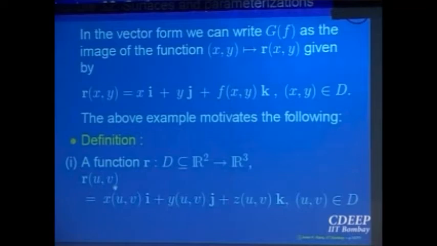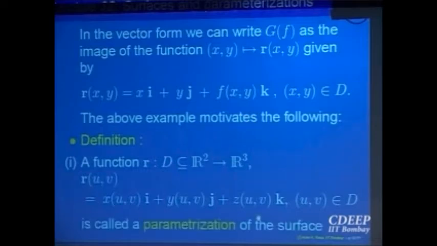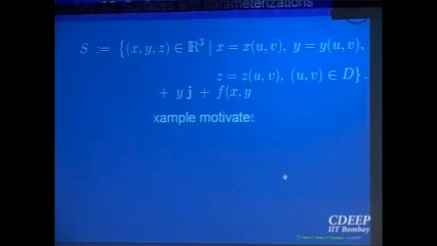So it is a function of two variables taking values in R3, with x component x(u, v), y component, z component, where (u, v) vary in D. You can think of it as a domain in the uv plane which is being transformed by the functions x(u, v), y(u, v) and z(u, v). Like for a curve, an interval, a point goes to a point in R3. So that is called a parameterization of a surface.